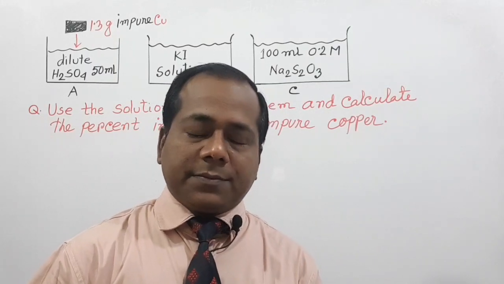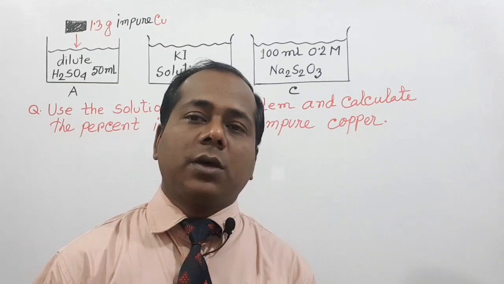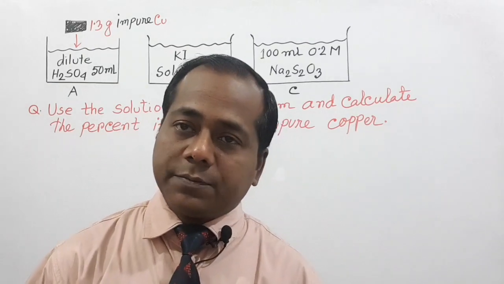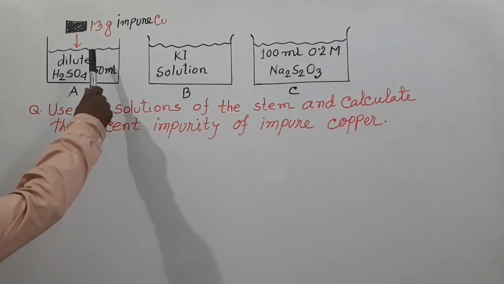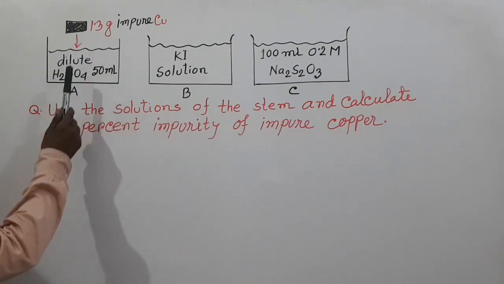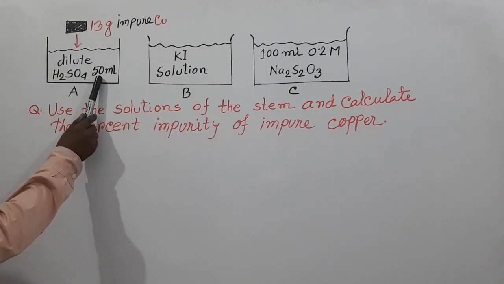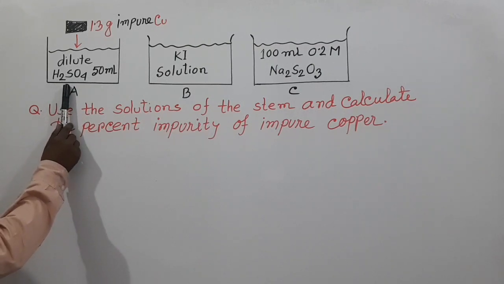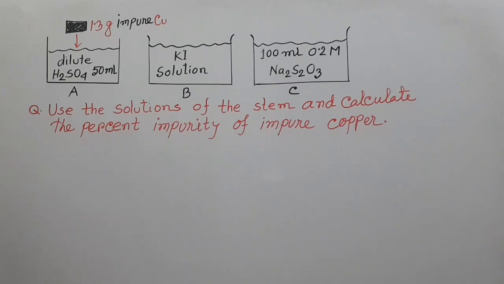My dear students, according to iodometric titration, now we solve a mathematical problem. Here given 1.3 gram impure copper, and this impure copper is dissolved in 50 ml dilute sulfuric acid, and here in container B potassium iodide solution is present.